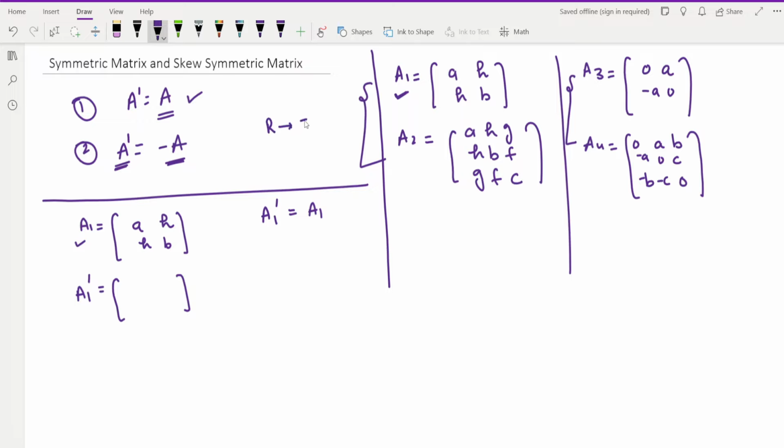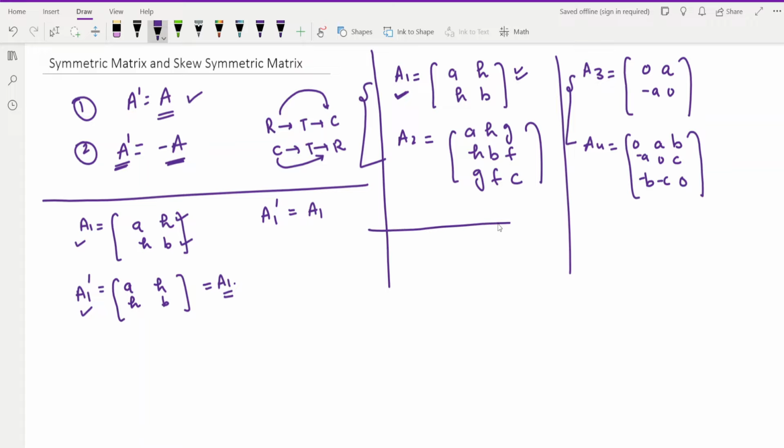Whatever is the row will be transformed into column, and whatever is the column will be transformed into row, right? So the first row will be the first column, that is A, H, and the second row will be the second column, that is H, B. And if you see, this is the original matrix A1. So this particular condition is validated here, so we will claim that it is a symmetric matrix.